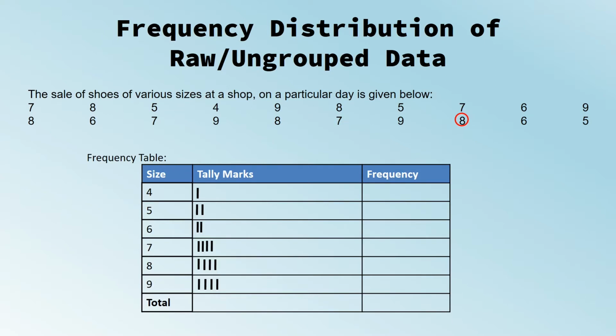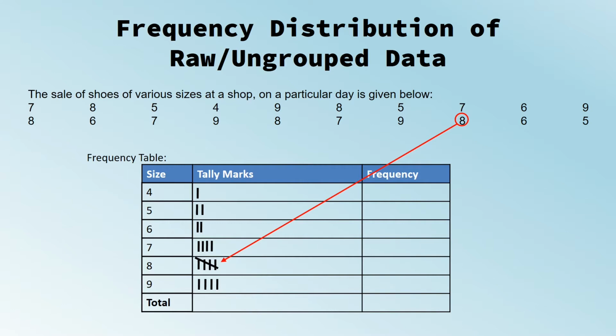Now here we see the number 8 is coming for the 5th time. Just for the convenience in counting these vertical lines or tally marks, we make a group of 5 tally marks. So whenever a particular number is coming for the 5th time, we mark it as a cross line above the 4 previous lines.